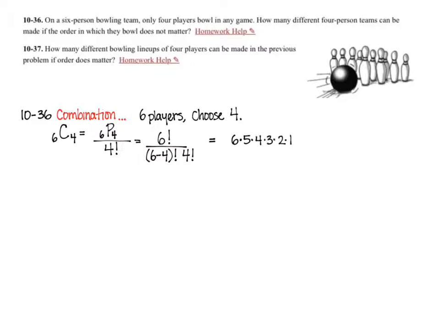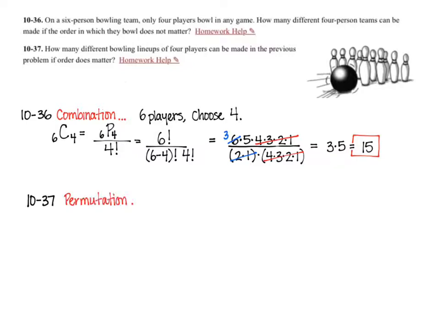And 6 factorial is 6, 5, 4, 3, 2, 1, all multiplied. 6 minus 4 happens to be 2, so you've got 2 factorial, 2 times 1. And then we have 4 factorial, which is 4, 3, 2, 1, all multiplied. Do our canceling of things that are common, and that 2 goes into 6 3 times. We've got 3 times 5, which is 15. And so there are 15 different ways to choose 4 players when you've got 6 people to choose from.